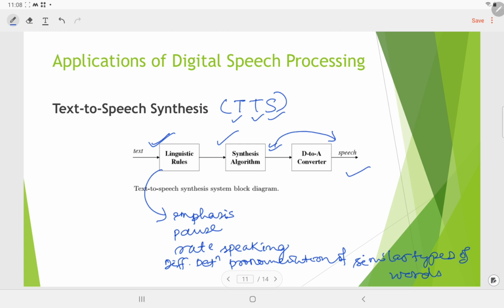So again this is a very essential component of human machine communication, such as different smart home devices.